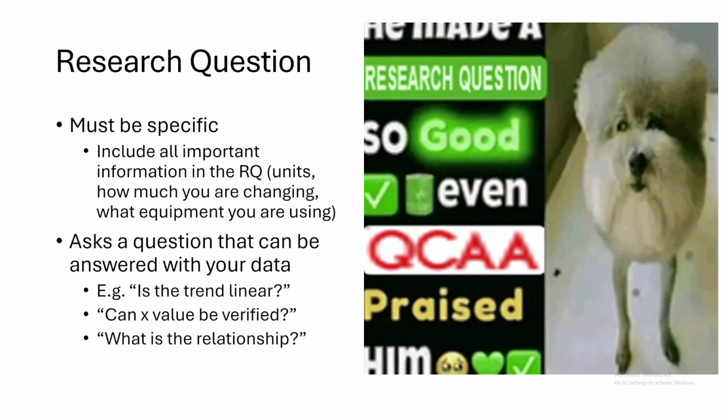So if you're incubating bacteria in a petri dish, you need to be able to answer that question with the data of your petri dish. So if you're taking pictures of the petri dish, you need to be able to confidently point to those pictures and say, yes, that shows that the bacteria has grown from circles to spots or something like that.